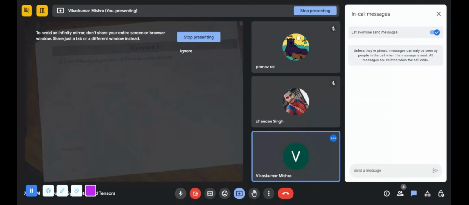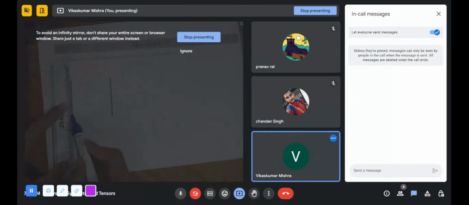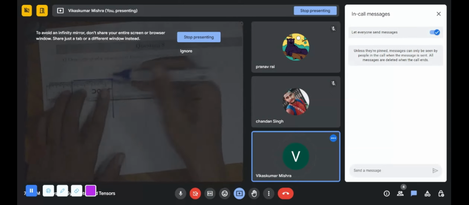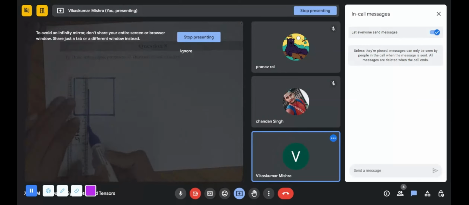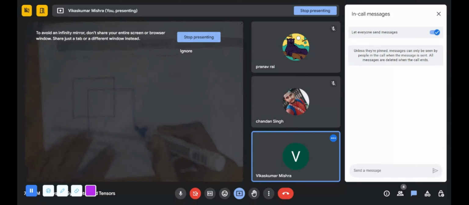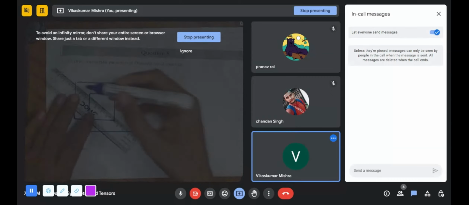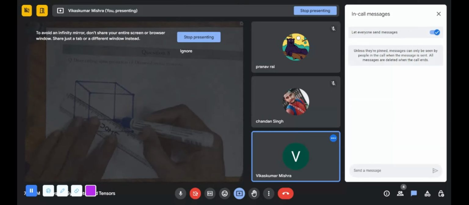First, we will make a cube. We know how the diamond cubic structure looks like.